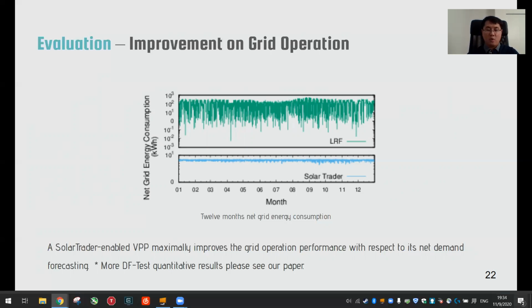Compared to it, we can see in the lower graph, our proposed SolarTrader has a more stable net grid demand profile. We perform a test. We prove that the SolarTrader-enabled VPP has better performance with respect to net demand forecasting. More details about our evaluation are in our paper.